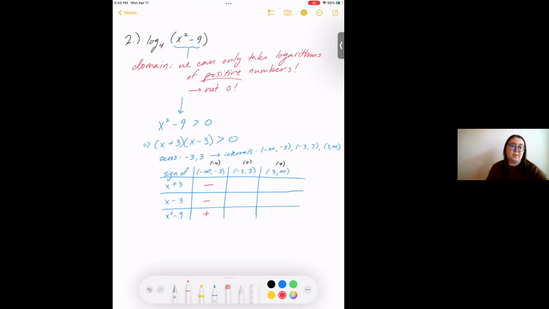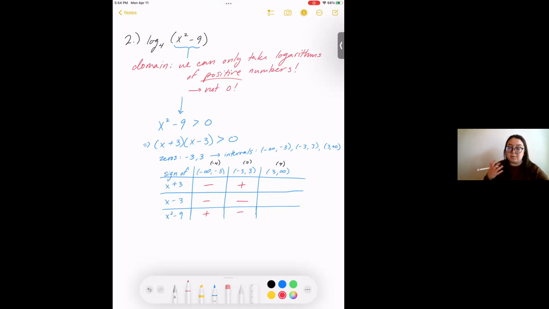Then for 0, if we have 0 plus 3, that's a positive number, that's 3. If we have 0 minus 3, it's a negative number, which means that a positive number times a negative number ends up being a negative number. So x squared minus 9 is negative on the interval -3 to 3.